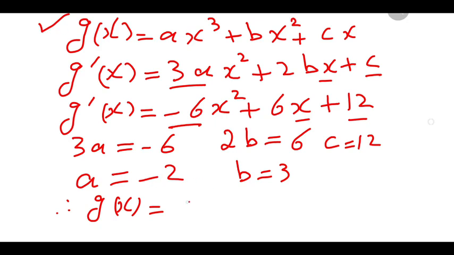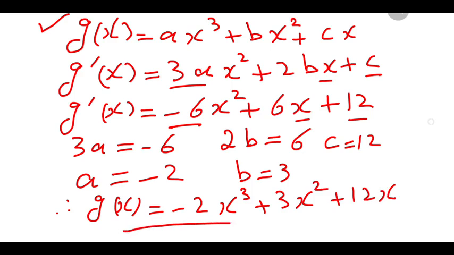So g of x is going to be -2x^3 + 3x^2 + 12x. So this is my equation of the cubic graph. I put a, b, c back into this original equation.